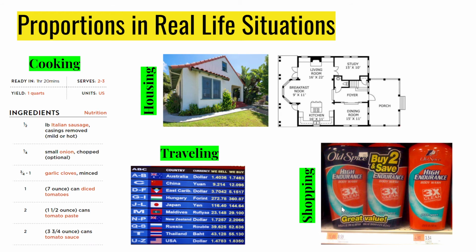As an example, if you take 2 deodorant sticks and you buy them as singles, you'll take $3.54 times 2, which is $7.08, which saves you over $1.50. So don't be fooled when it says buy 2 and save, great value. The better deal is buying 2 of the single sticks by themselves. So once again, proportions happen in all aspects of life, whether you're cooking, trying to find a home, traveling, or shopping. You'll need to understand proportions.